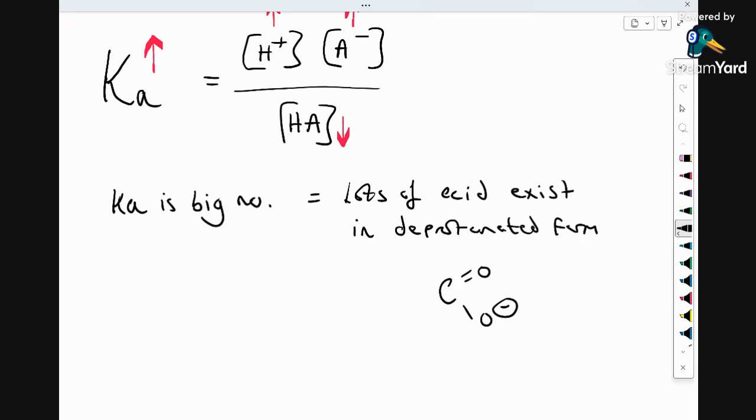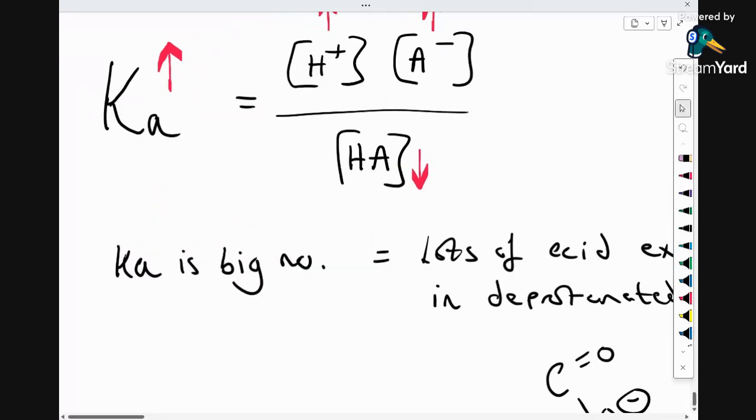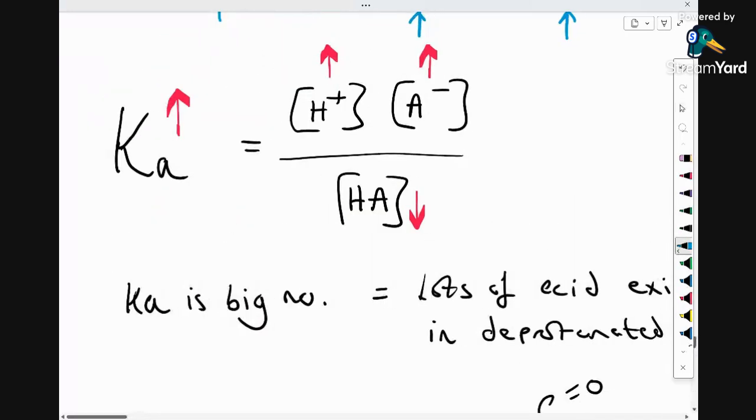Just to be clear, if I was going to put carboxylic acid into this equation, the concentration of H plus is the concentration of the proton. The concentration of A minus refers to the conjugate base, the deprotonated form of the acid. And of course, HA is the protonated form.